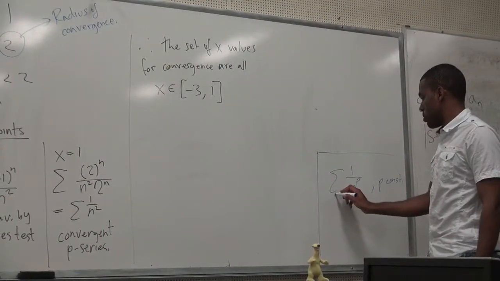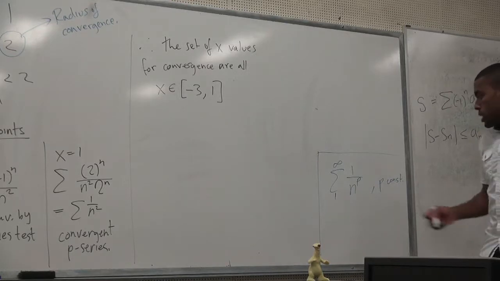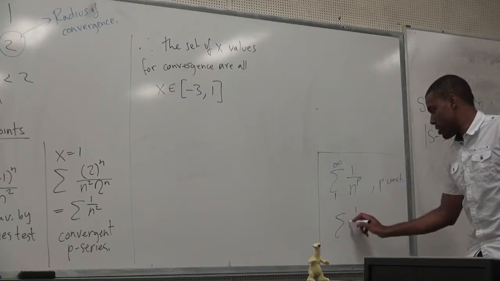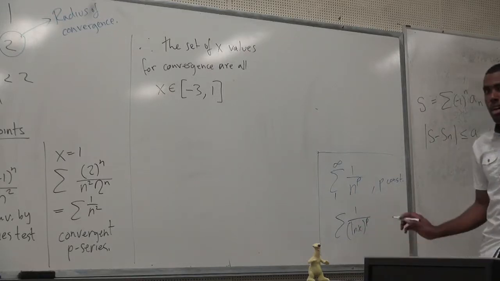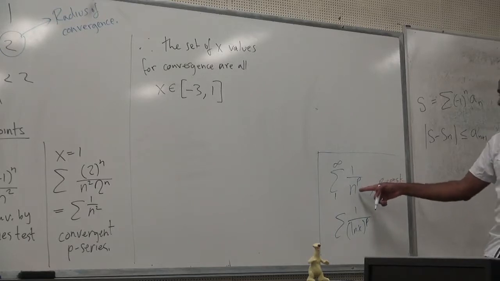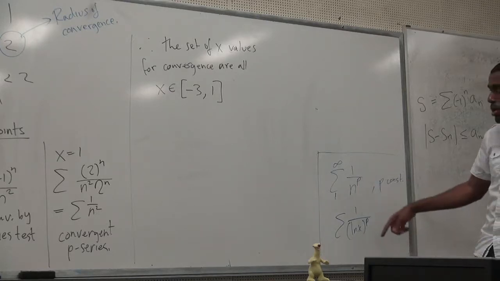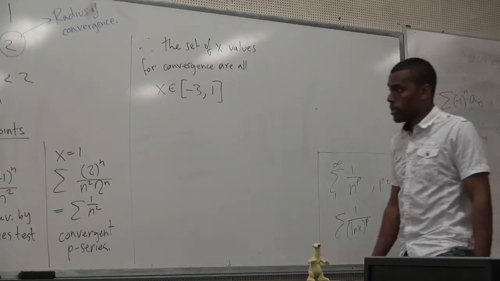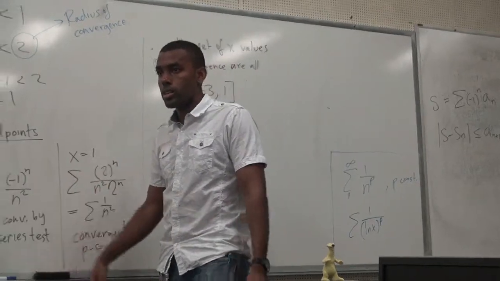Which means that if you see something like this, it's not a p-series, right? It has to look specifically like this. It has to be a polynomial raised to a power, right? That's how you can compare it to a p-series. A single term polynomial raised to a power. That's a p-series. So this, because of this part, is not a p-series. It's an alternating series.